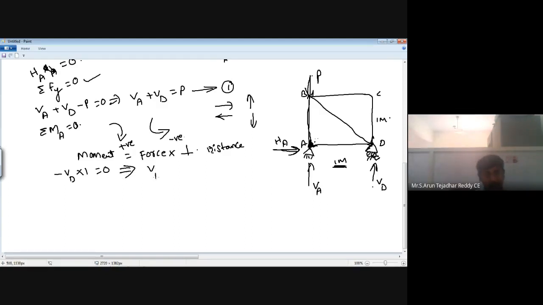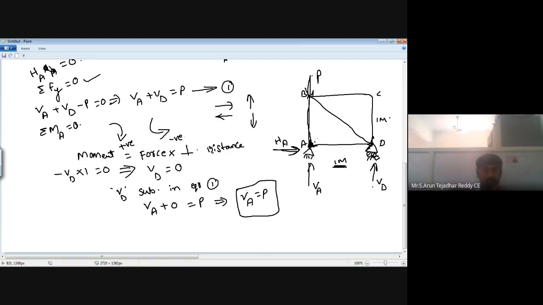It means VD is equal to 0. Substituting this VD value in equation number 1: VA plus VD equal to P. In place of VD, substitute 0. Then we can write VA is equal to P.